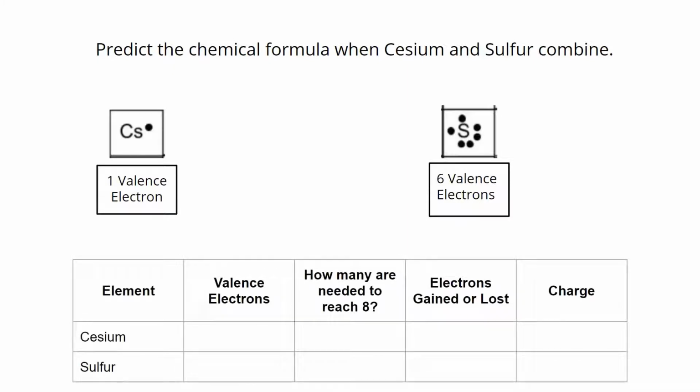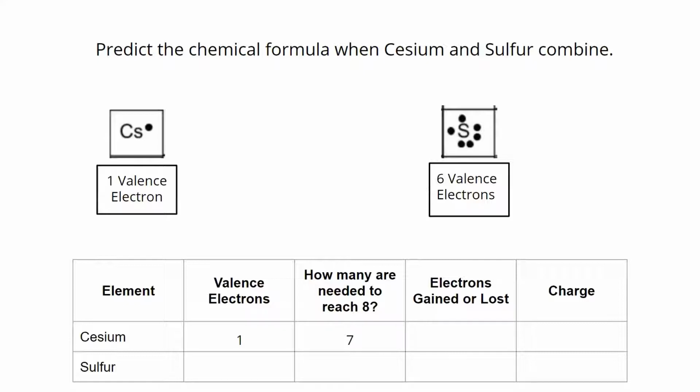So when we look at cesium, again, it has 1 valence electron. So in order for it to reach that happy number, that full shell of 8, it's going to need 7 more valence electrons. So here's where the tricky part comes in. In order to determine if it's going to gain or lose electrons, we think about what is going to be easier to do.